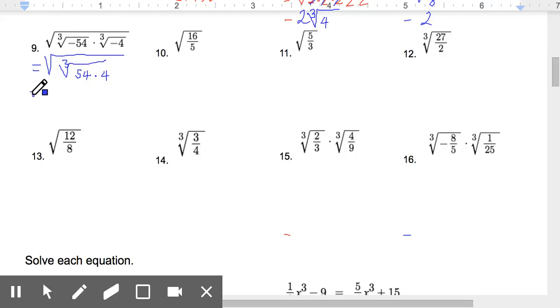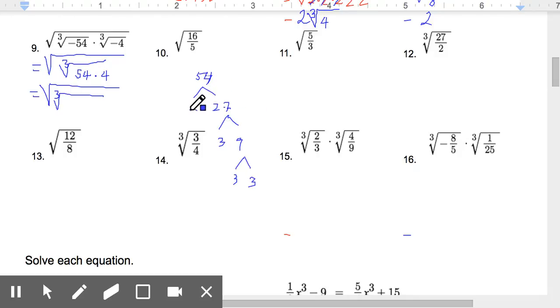And then we can break it down. So if we do 54, what are the factors of 54? We know it's going to be 2 times 27, and then 27 is 3 times 9, and 9 is 3 times 3.